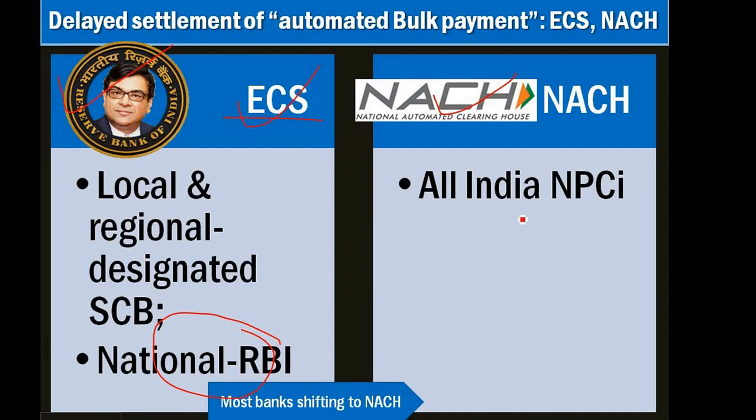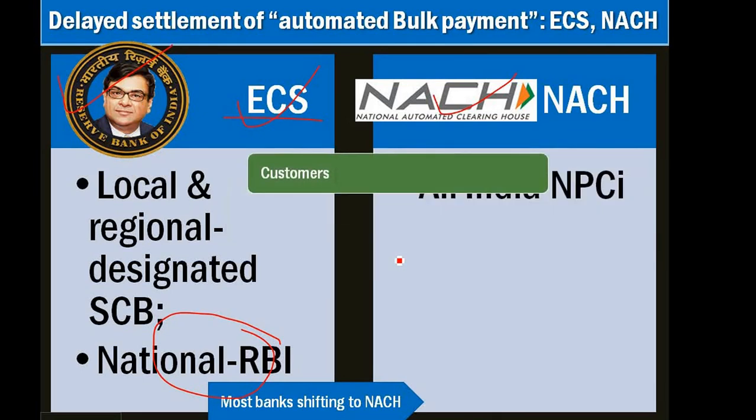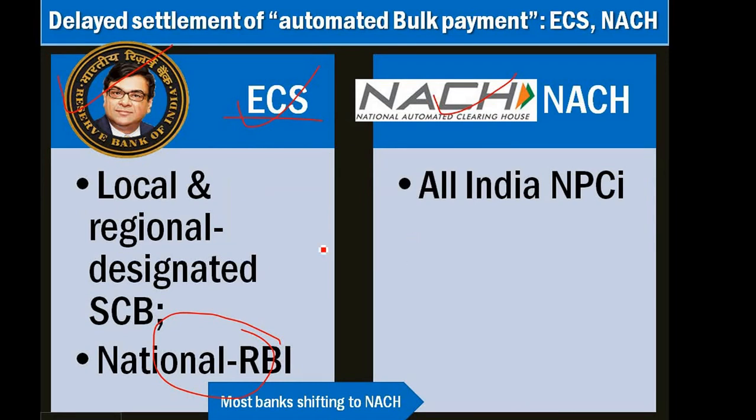So what is the difference between ECS and NACH? Basically ECS is Electronic Clearing Service, developed or maybe monitored by the RBI and local and regional banks designated, and at national level it is monitored by the RBI.